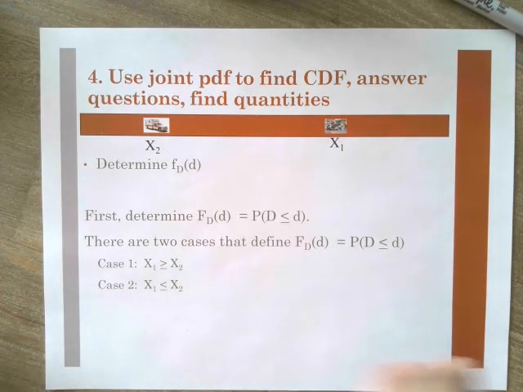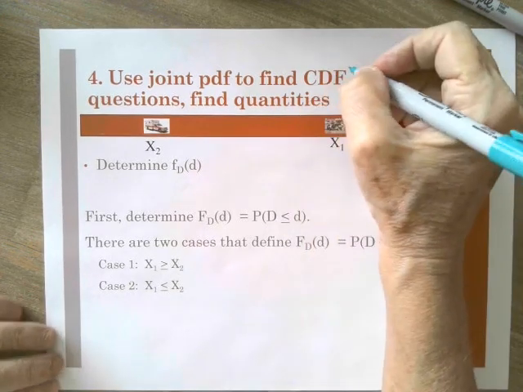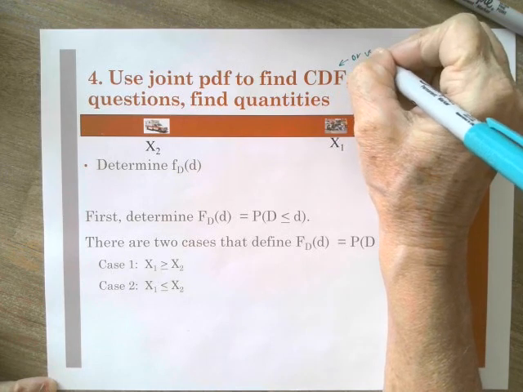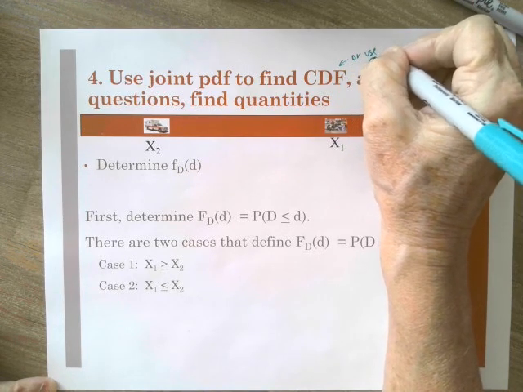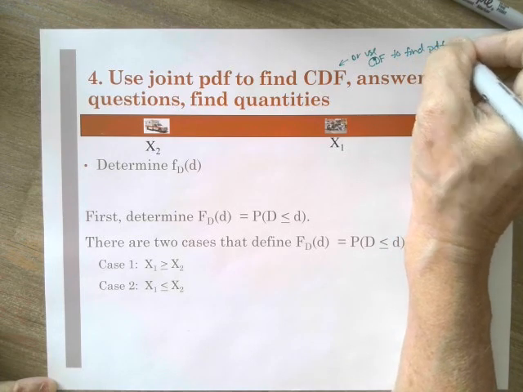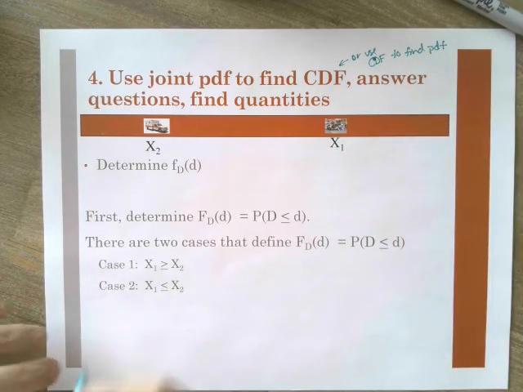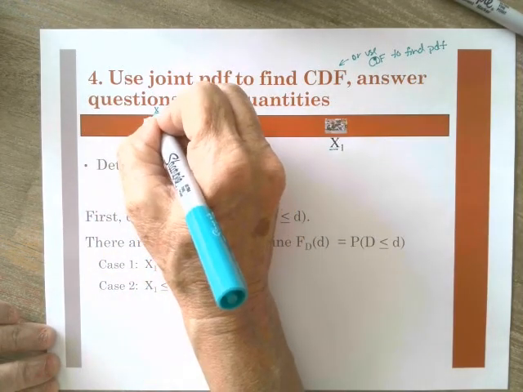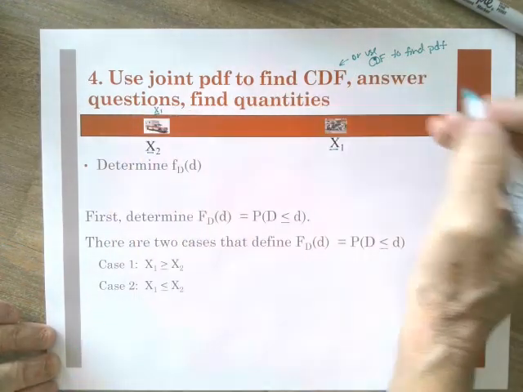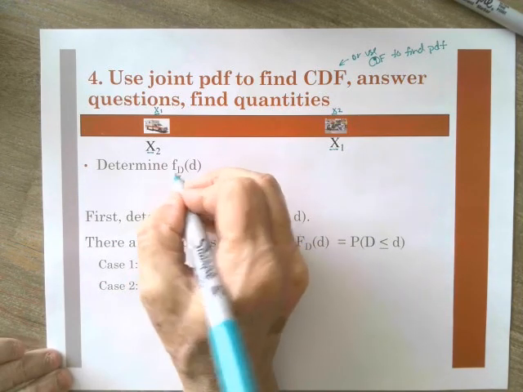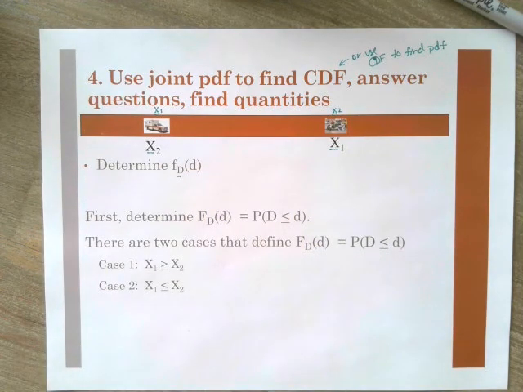So it says use the joint PDF to find the CDF, or use the CDF to find the PDF. So I'm actually going to use the second method here. But here we've got my 2 random variables, and again I'm going to keep pointing out that we could have x1 on the left and x2 on the right. We want to figure out what is the PDF of my random variable D.